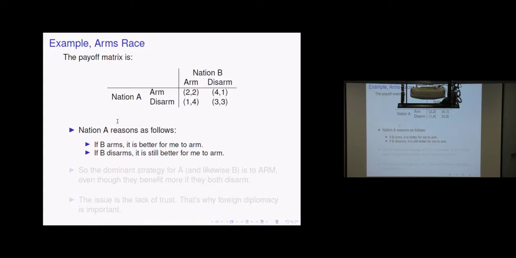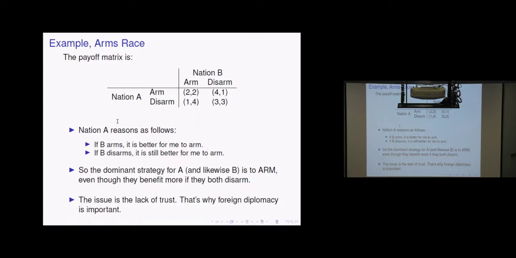And also the optimal choice actually is this one, 3-3. So the dominant strategy for A is to arm, even though they benefit more if both of them disarm. So again, the situation is the issue. Why don't they choose to disarm? Because of lack of trust, right?